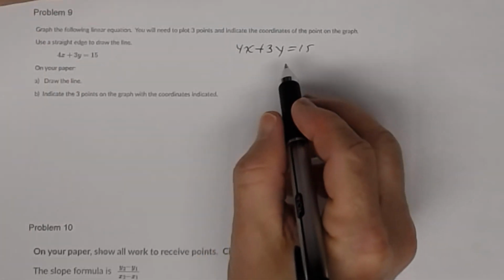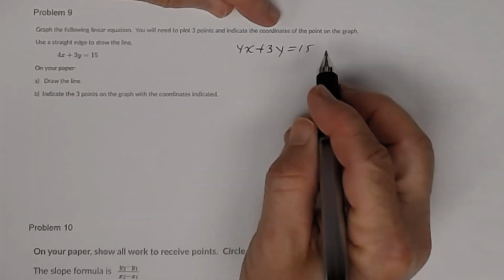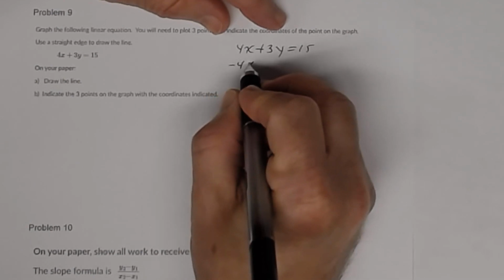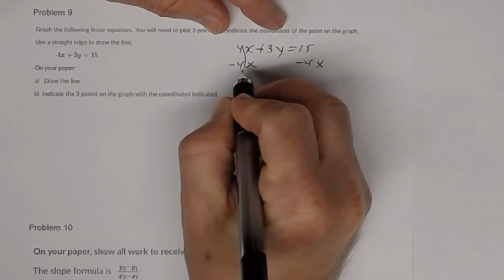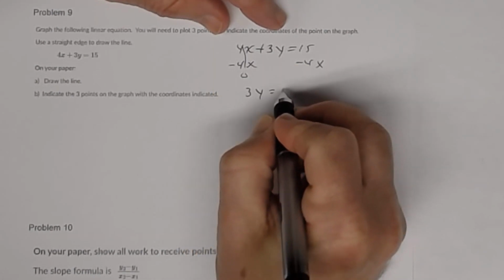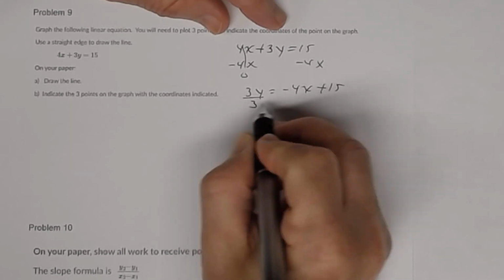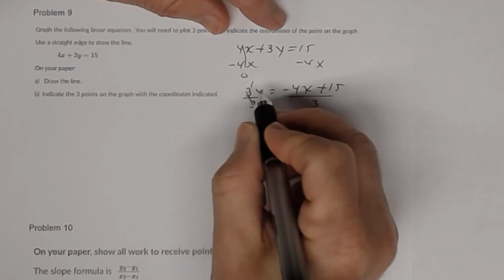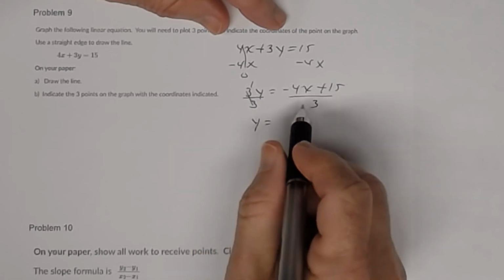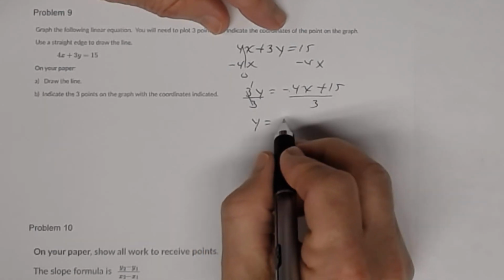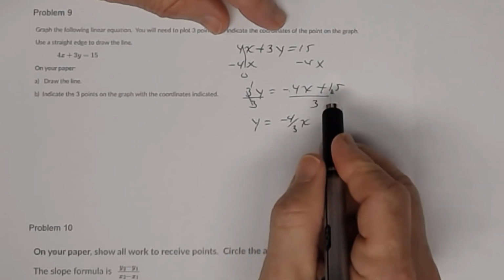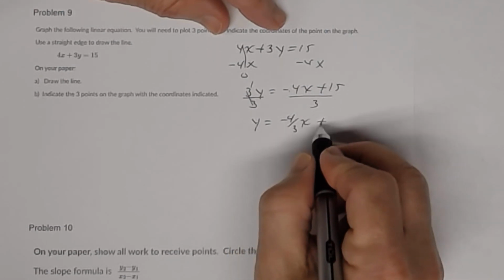If I get y by itself, I'm going to subtract 4x from both sides. So I get 3y equals negative 4x plus 15. Then dividing both sides by 3, I get y equals negative 4/3 x, and then 15 divided by 3 is 5.